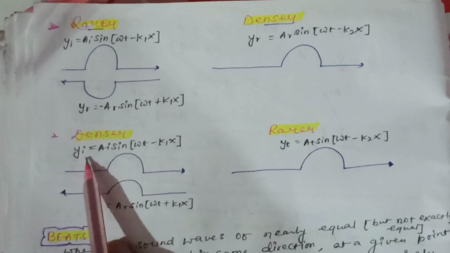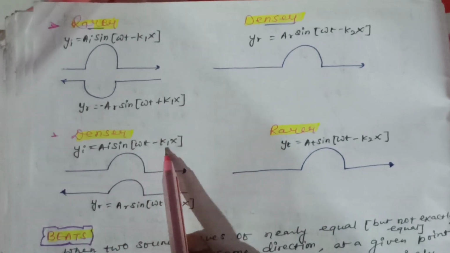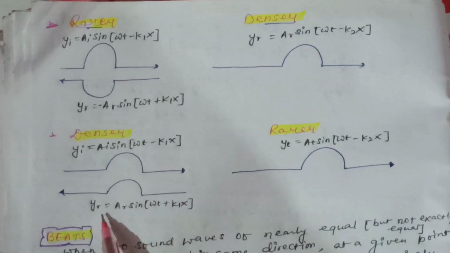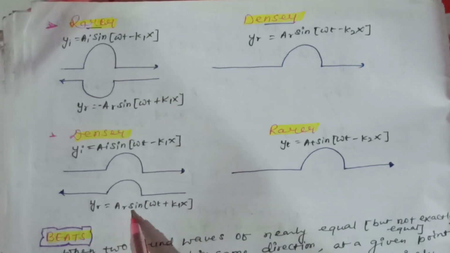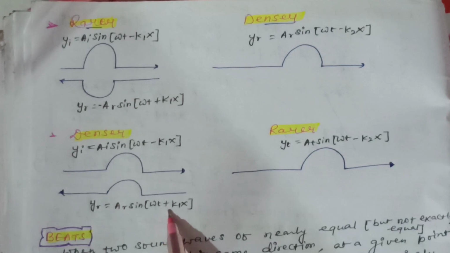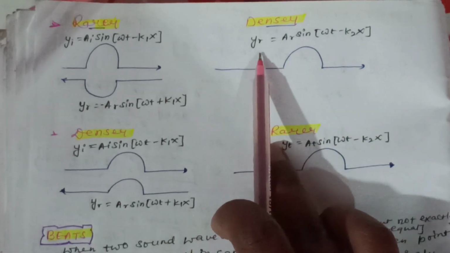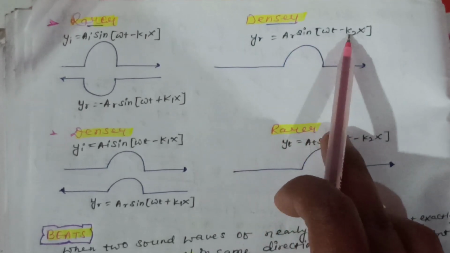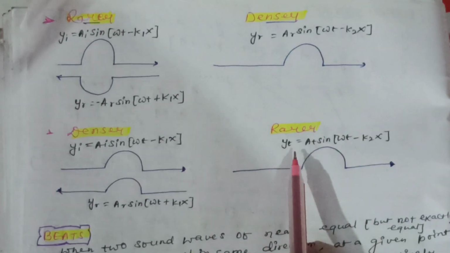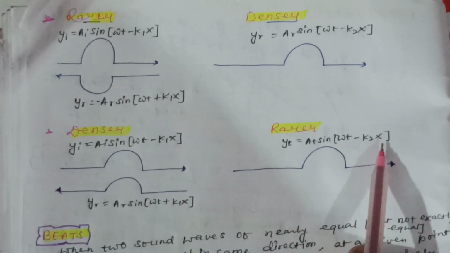Denser: yi is equal to ai sin(omega t minus k1x). Yr is equal to ar sin(omega t plus k1x). Denser: yr is equal to ar sin(omega t minus k2x). Rarer: yt is equal to at sin(omega t minus k2x).